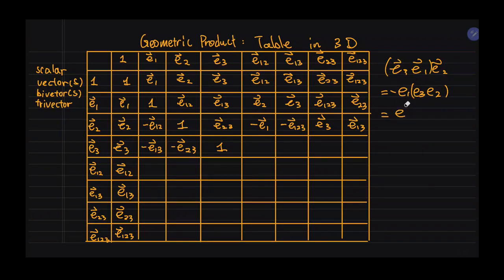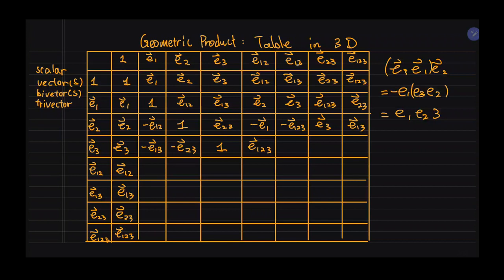Then there's a minus here, and then swap again, the minus sign, minus is plus, so it's gone: e12. So yeah, this is actually e123.